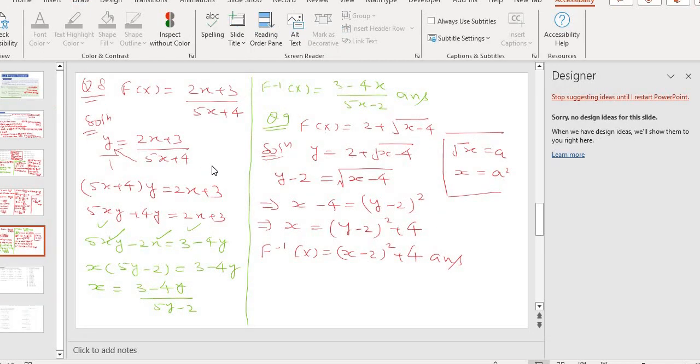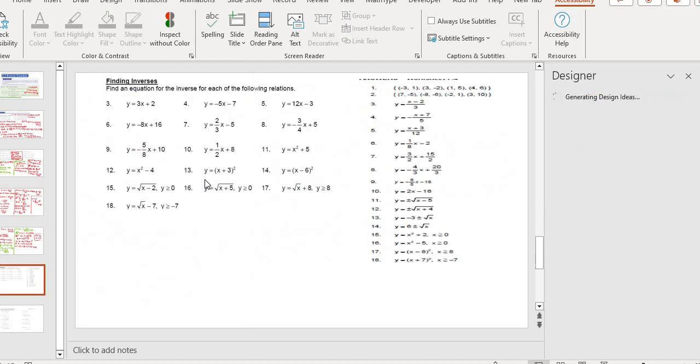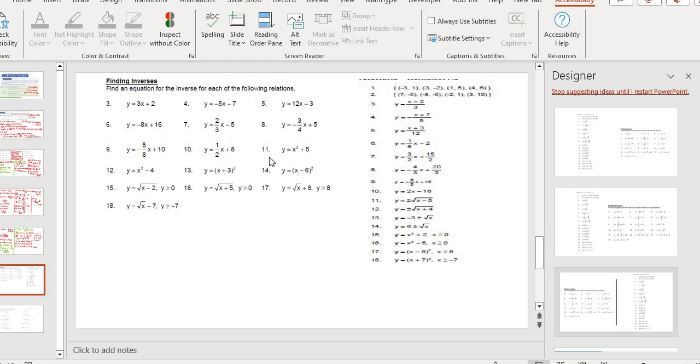After the solution of question number 9, I'm giving you some practice questions where answers are also given. Find an equation for the inverse of each of the following functions. The answer of question number 3 is this one.